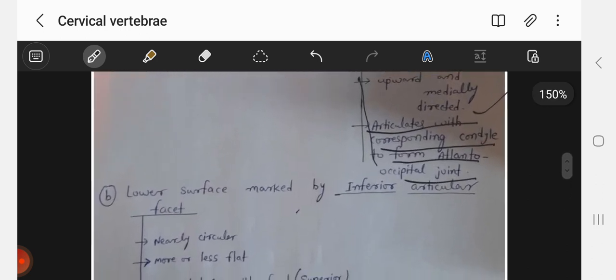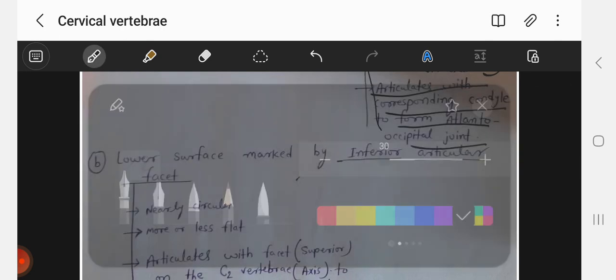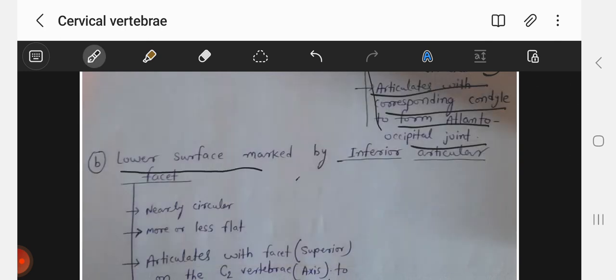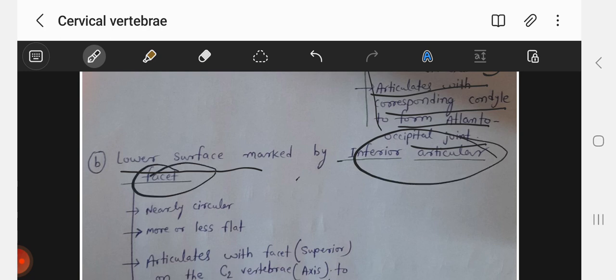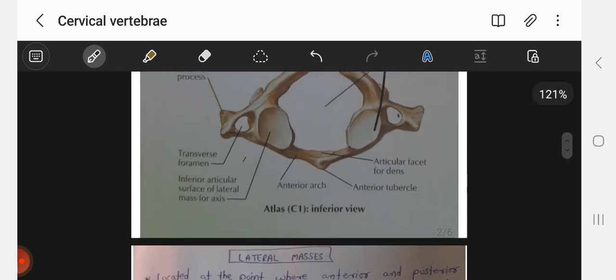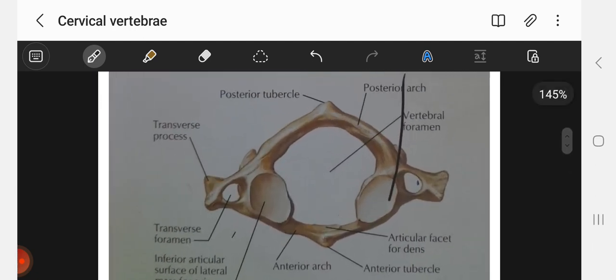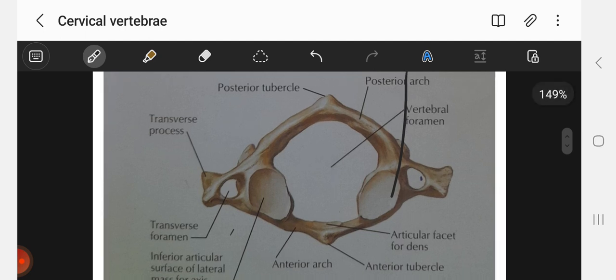If you closely look at the lower surface of the first cervical vertebra, the lower surface is marked by the inferior articular process. As the name suggests, the inferior articular process is located on the inferior side, and this is the inferior view of the first cervical vertebra.